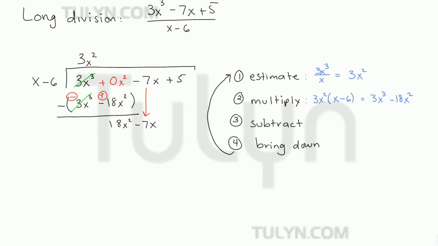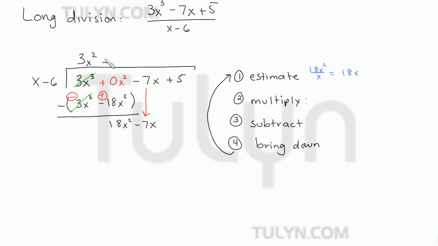So now again, let's erase all this scratch work so we can do it once more. Now we want to estimate, instead of 3x cubed, 18x squared into x. So 18x squared over x is just going to give us 18x, right?